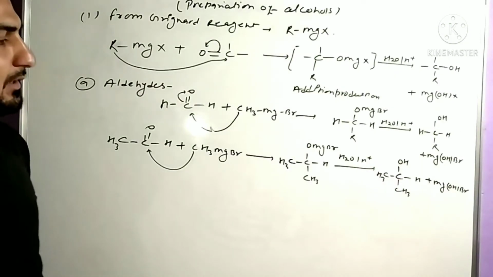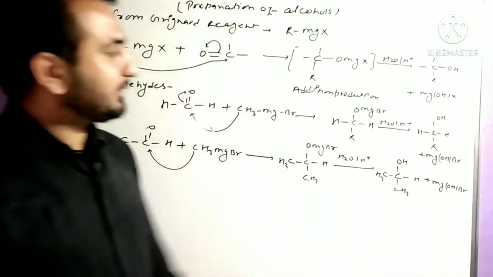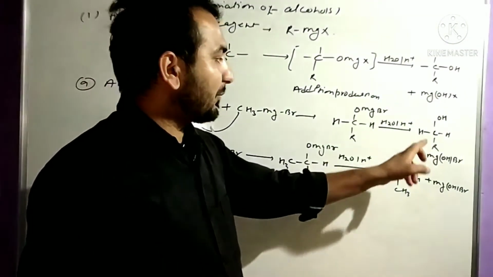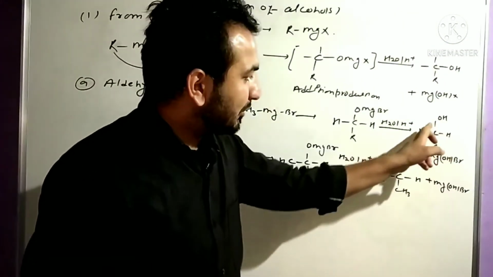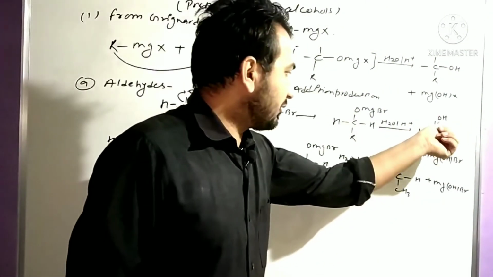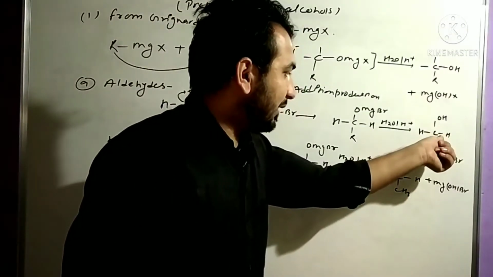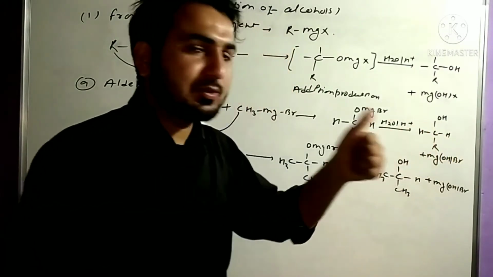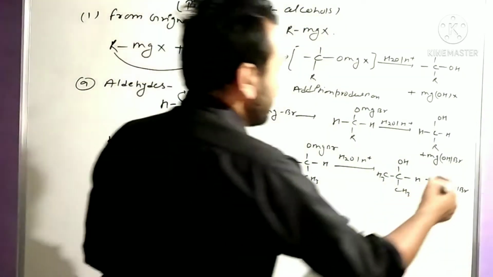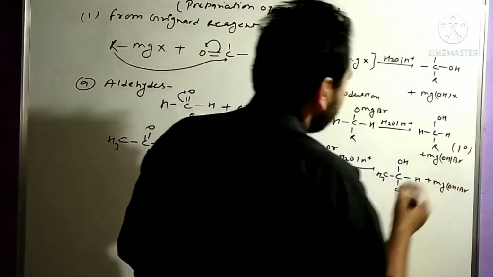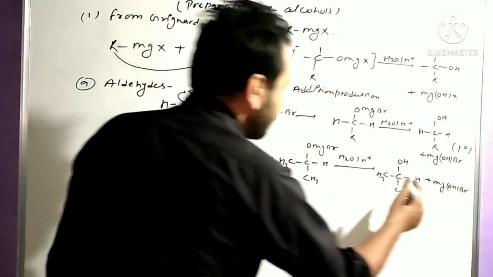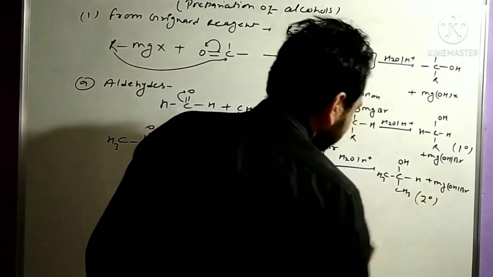See the difference between this compound and this compound. In this compound, the alcohol is a 1 degree alcohol, because this OH is directly attached to this carbon, and this carbon is attached to only one carbon. So this is a 1 degree alcohol, and here this is a 2nd degree alcohol.